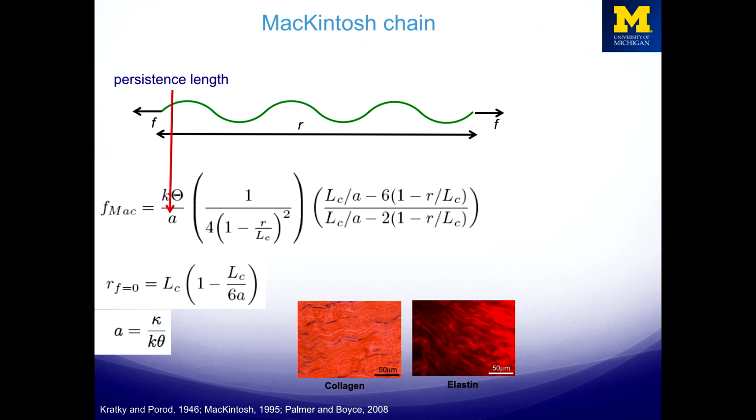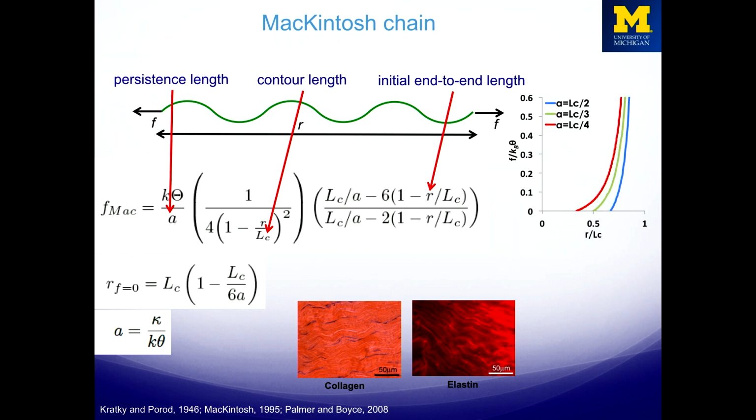And so you can describe how stiff those chains are via this persistence length parameter, what the fully extended length is, or contour length, and where you're starting from. And as you change some of those parameters, like the ratio of the stiffness to the contour length, you get different stress-strain curves, right? But you get that nonlinearity that we see in the actual data.